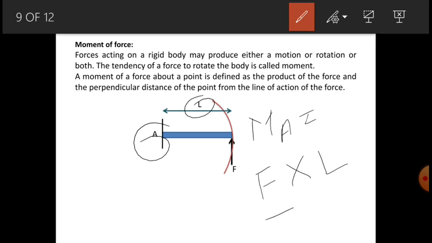So force into the vertical distance or perpendicular distance, because the force is making a perpendicular distance to the body. The door is a body, right, and we are applying a force. It is making a right angle.